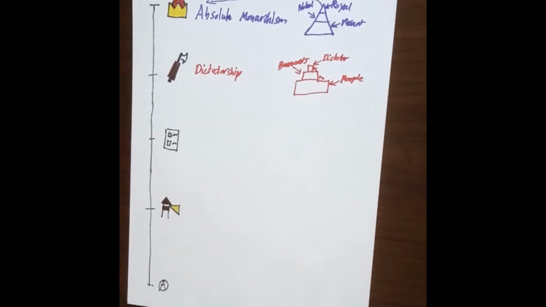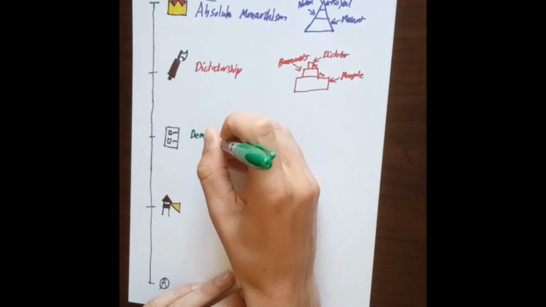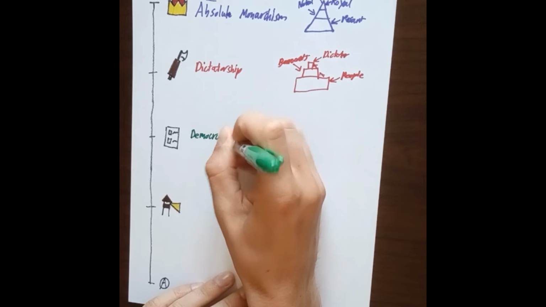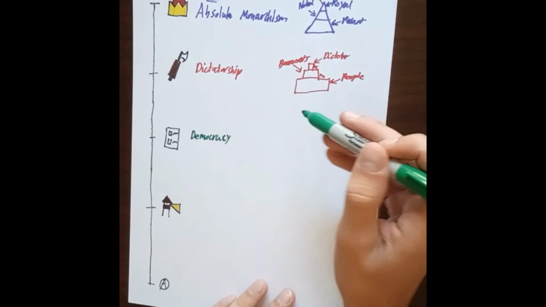All right, and then let me get out my color for a hot minute. Then we have democracy. All right, so democracy gets rid of that top.